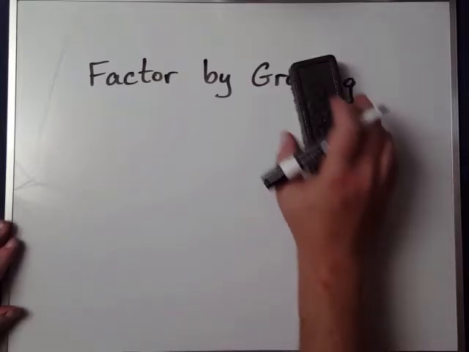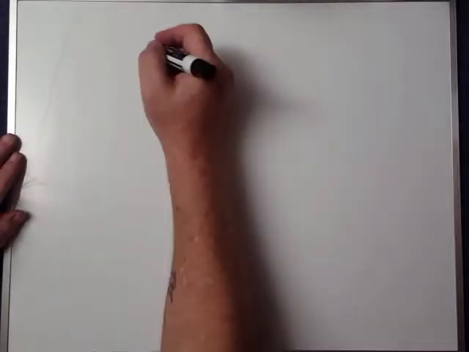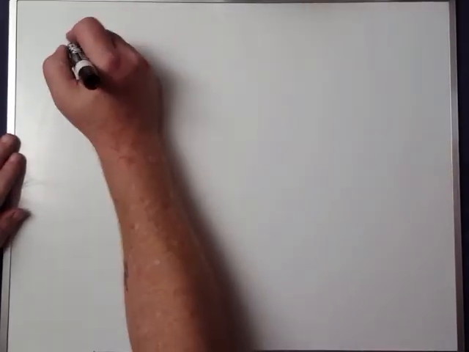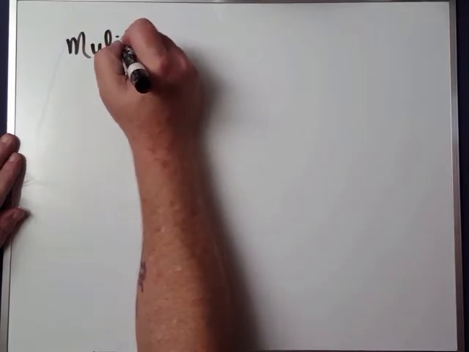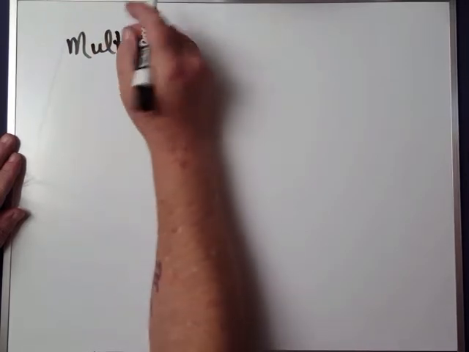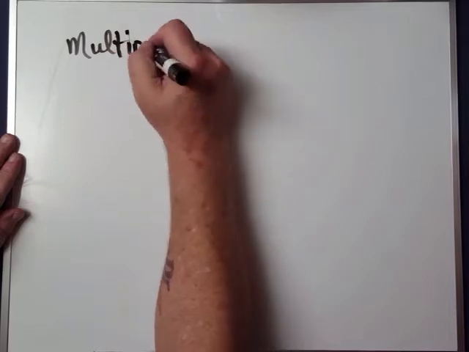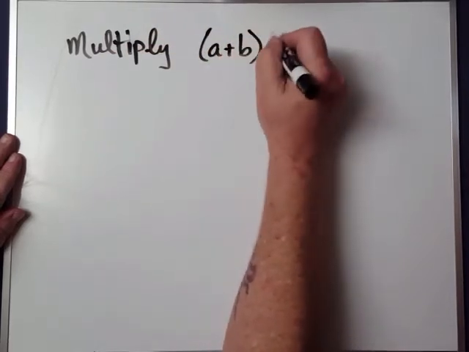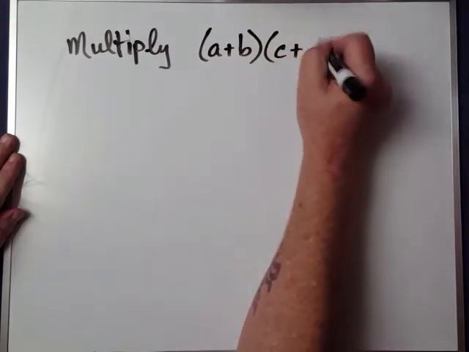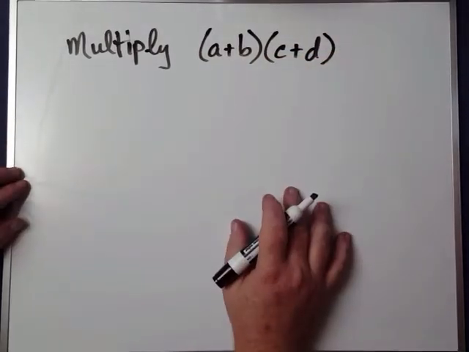Factoring is unmultiplying. As far as greatest common factor goes, that meant undistributing. Let's consider a multiplication problem first. Here we have 2 binomials.